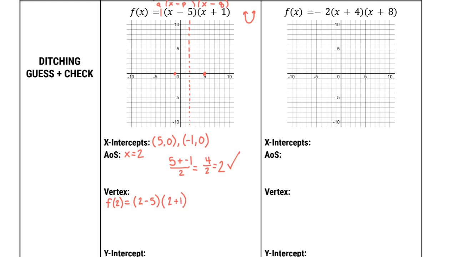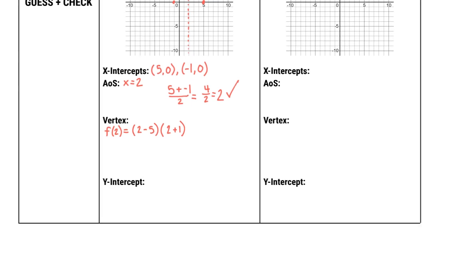Let's see what we get out. We have 2 minus 5, which is minus 3. We have 2 plus 1, which is positive 3. And so those two things multiplied is going to get me negative 9. So my vertex is at 2, negative 9. And I can even throw that on the graph up here as well.